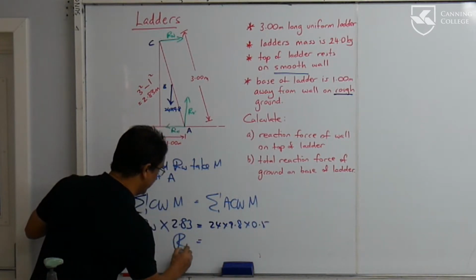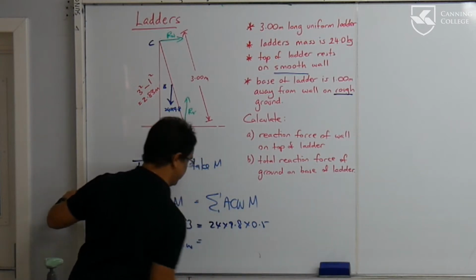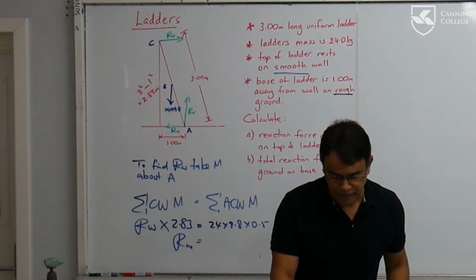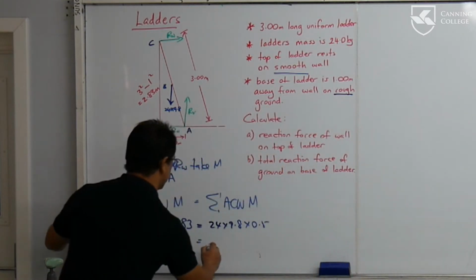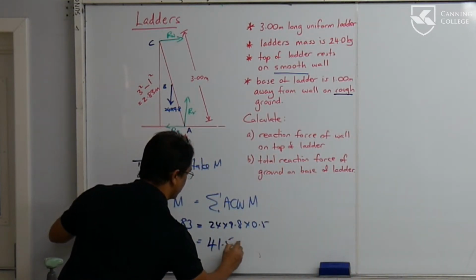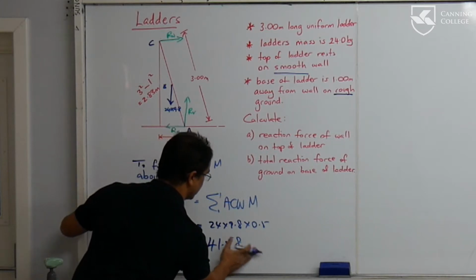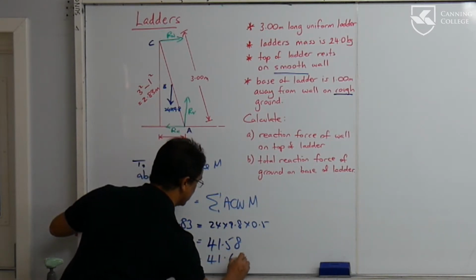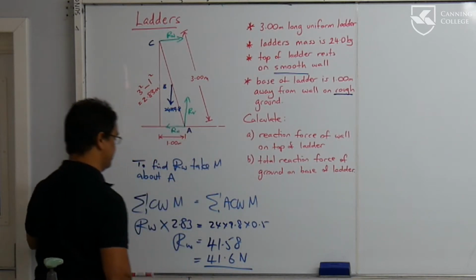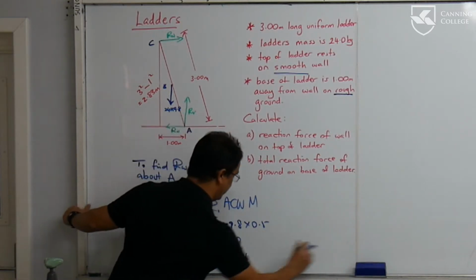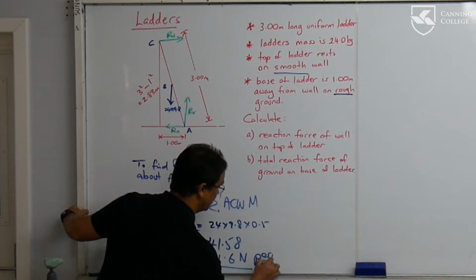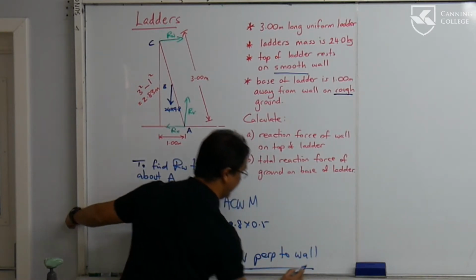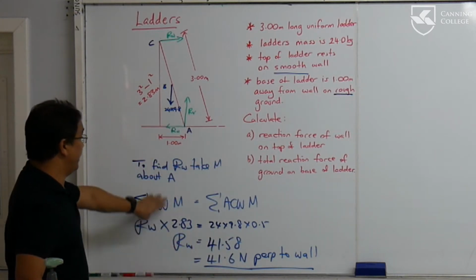Okay, RW works out to be 41.58 newtons, and I'm going to round that to 41.6 newtons and underline that. And let's put direction in there as well: perpendicular to wall. Okay, now that's a good answer for part A.